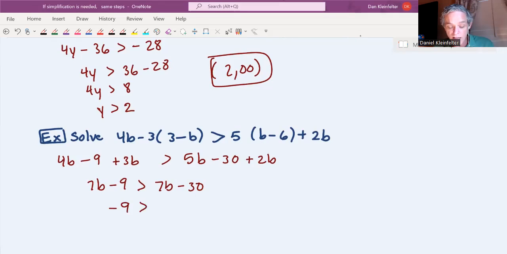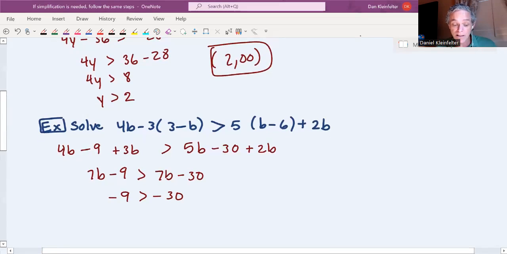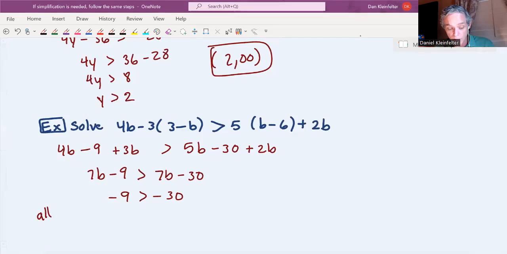We have negative 9 is greater than negative 30. Okay, so when this happens, you notice our variable is gone. This means one of two things. Either I've made a mistake someplace, which we'll check here in a second, or when you end up with a statement that is always true, you remember from our equation section what that means. That means that it's going to be all real numbers for the solution.